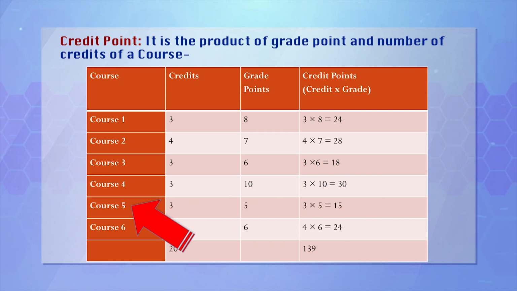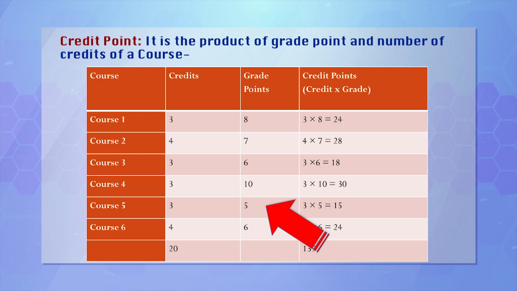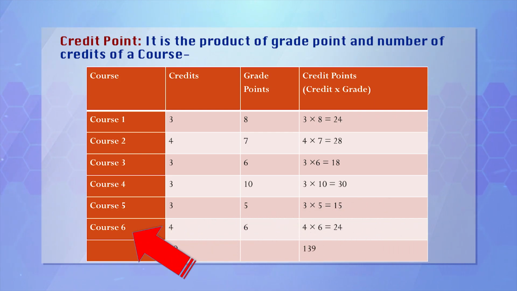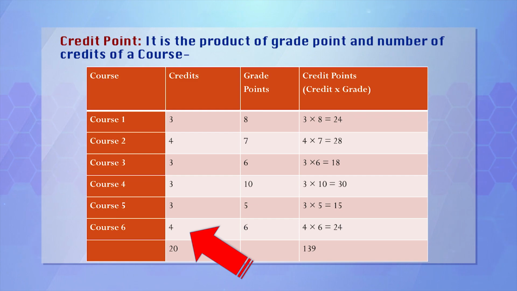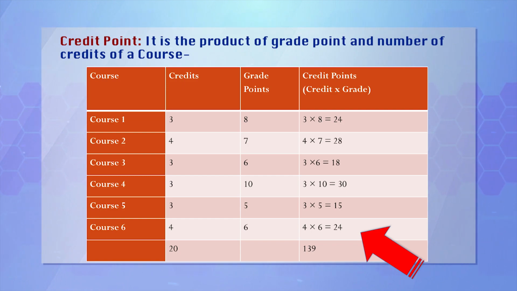In course 5 there are 3 credits and the grade point is 5, so the credit point would be 3 into 5, which is 15. In course 6 the credits are 4 and the grade point is 6, so the total credit point would be 4 into 6 is equal to 24.